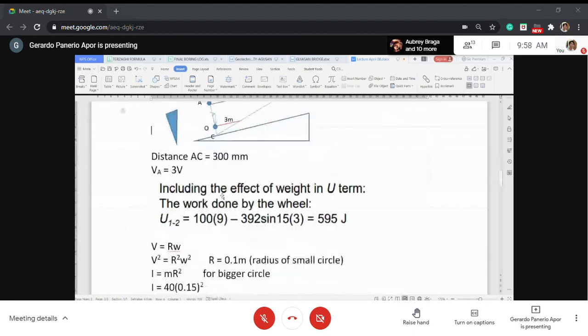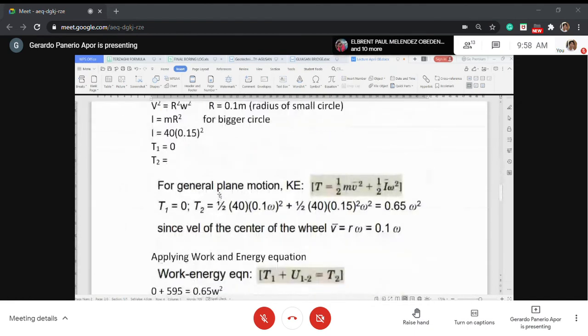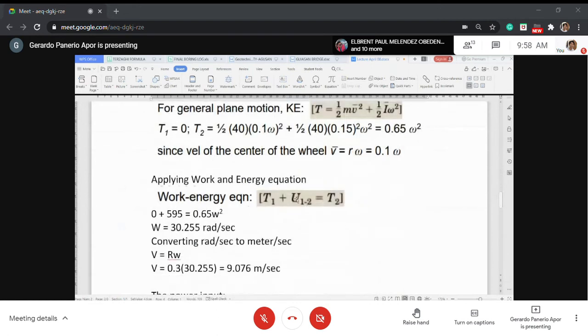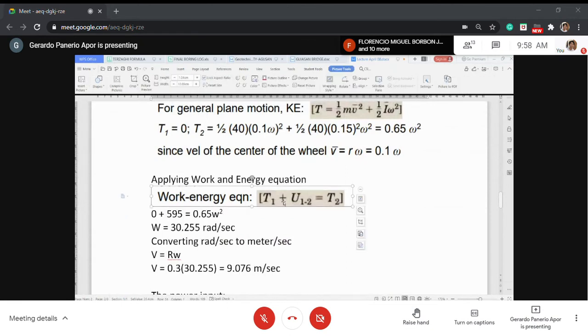Now, when we are solving this problem using the work and energy method, the equation is T1, meaning the kinetic energy at point 1, plus the work done from 1 to 2 is equal to the kinetic energy at 2.